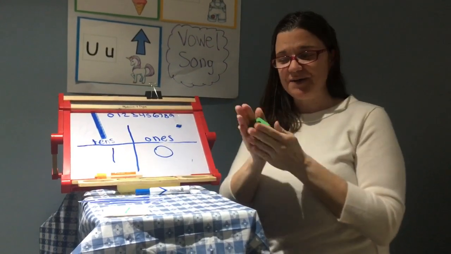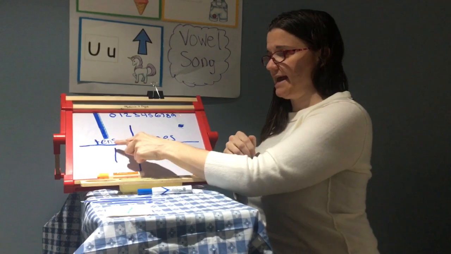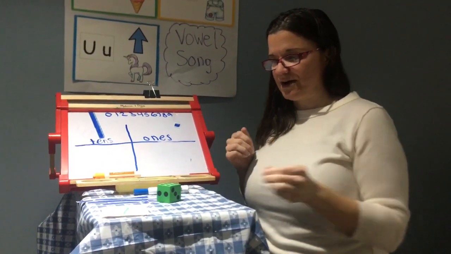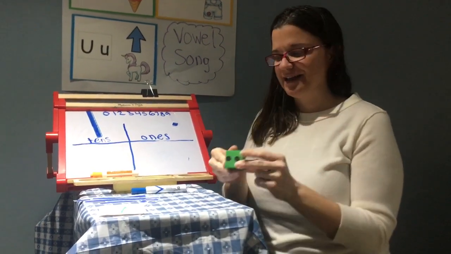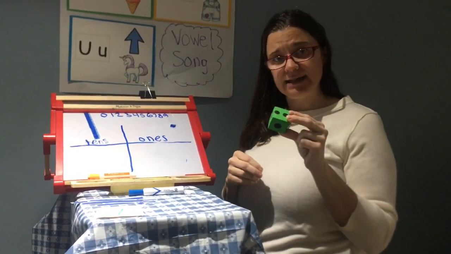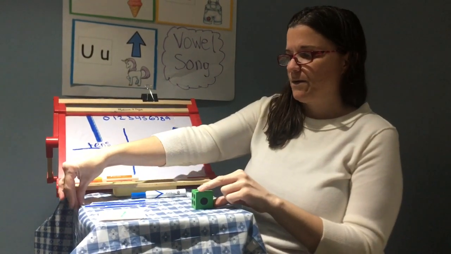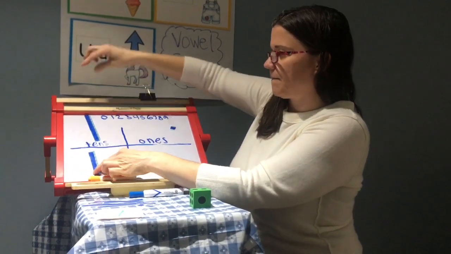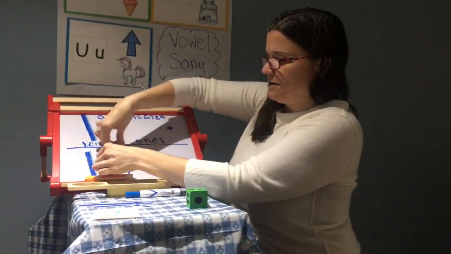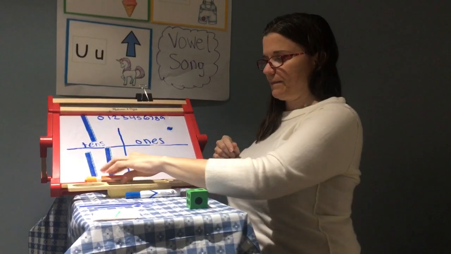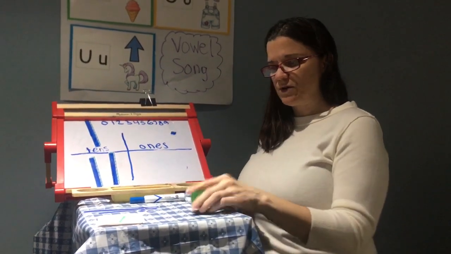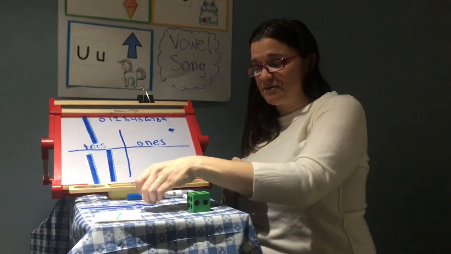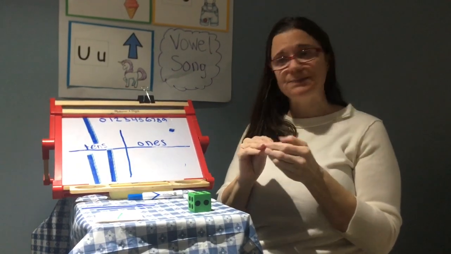I'm going to roll my first one, and this is going to represent my tens place. So I rolled and I got a 2. So that's going to be my tens number. 1 rod, 2 rods. Then I'm going to roll again, and I rolled a 2 again. So that's going to represent my cubes for the ones place.